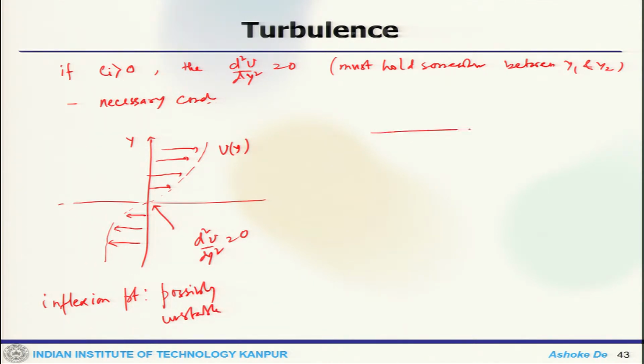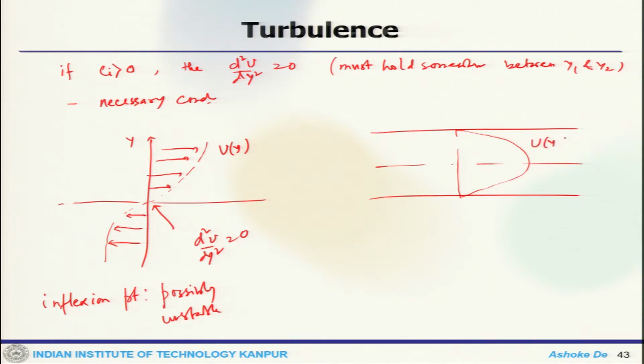Now, another situation where you can see this, I can have this U(y), x and y. So, this is Poiseuille flow between two plates.